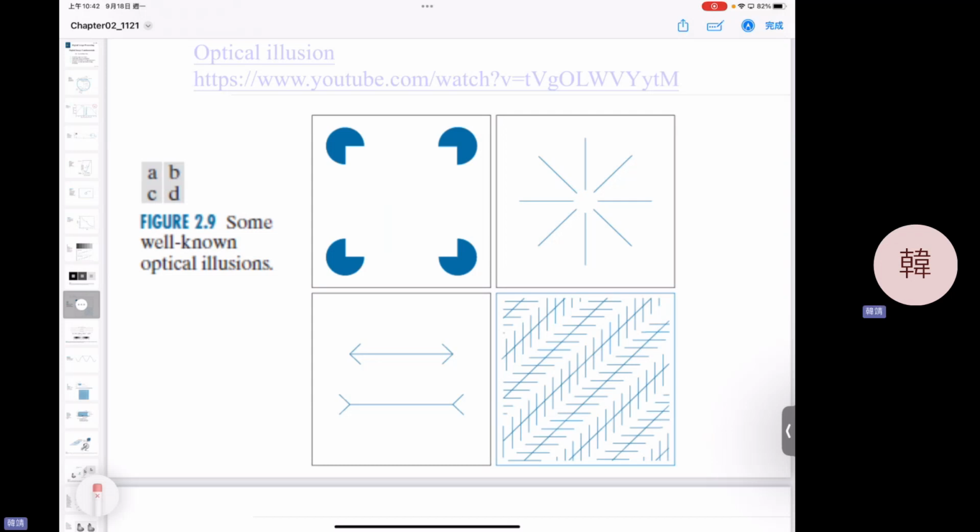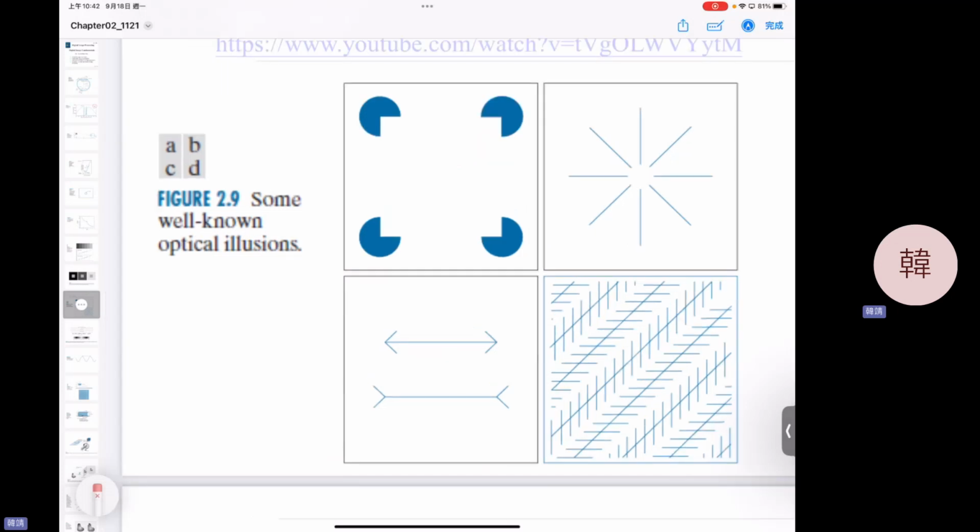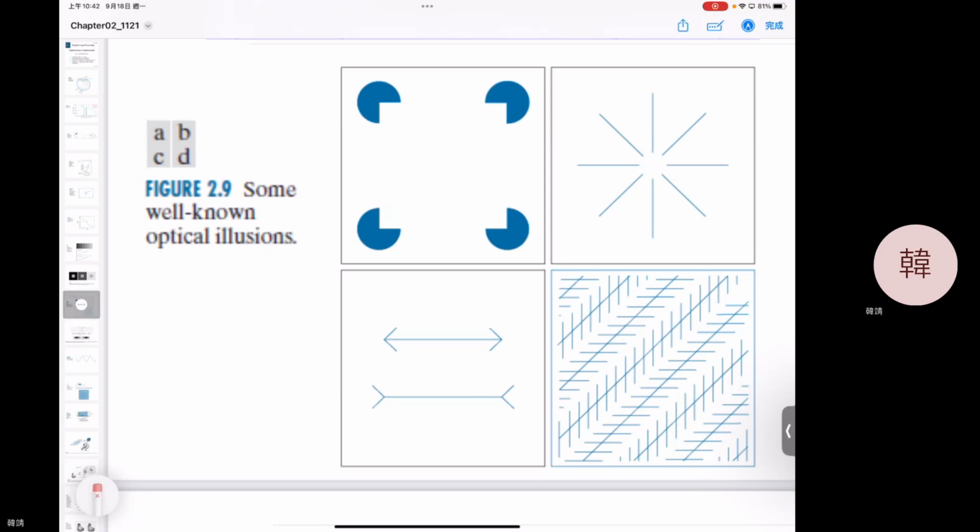They look far apart, then closer, but actually they are parallel, exactly the same distance. But when you add some different lines there, your vision will give you a different feeling, right? We say this is optical illusion.